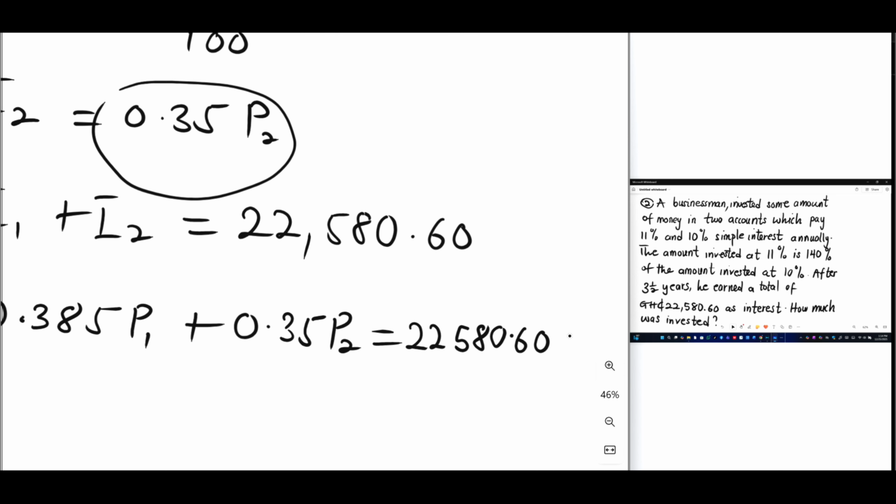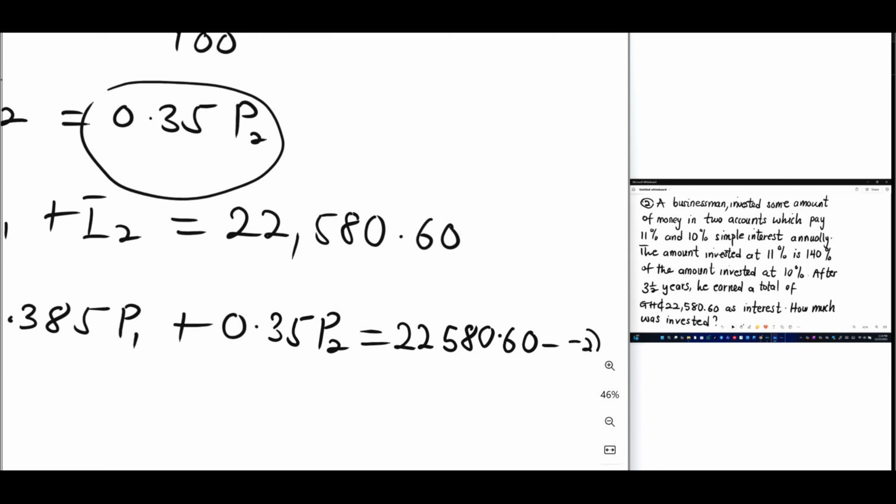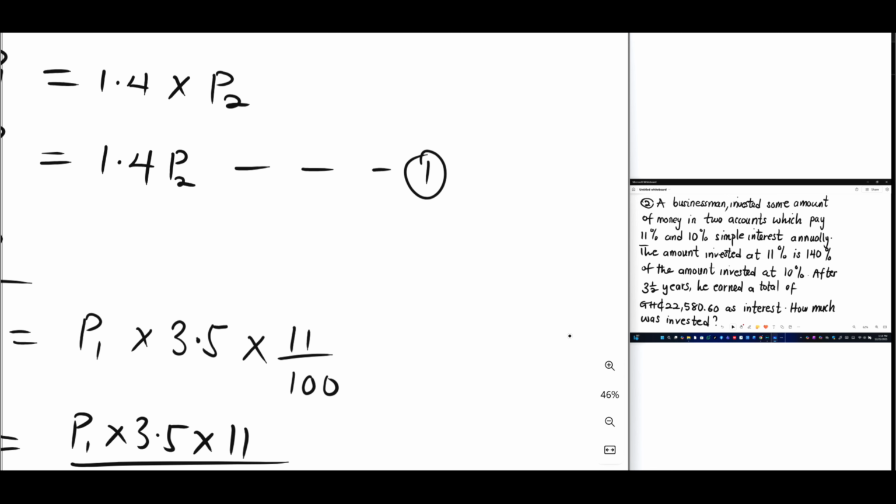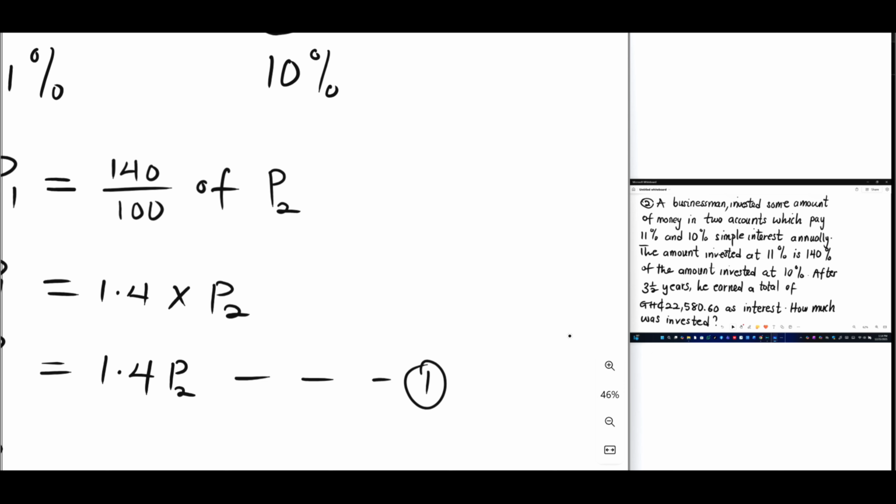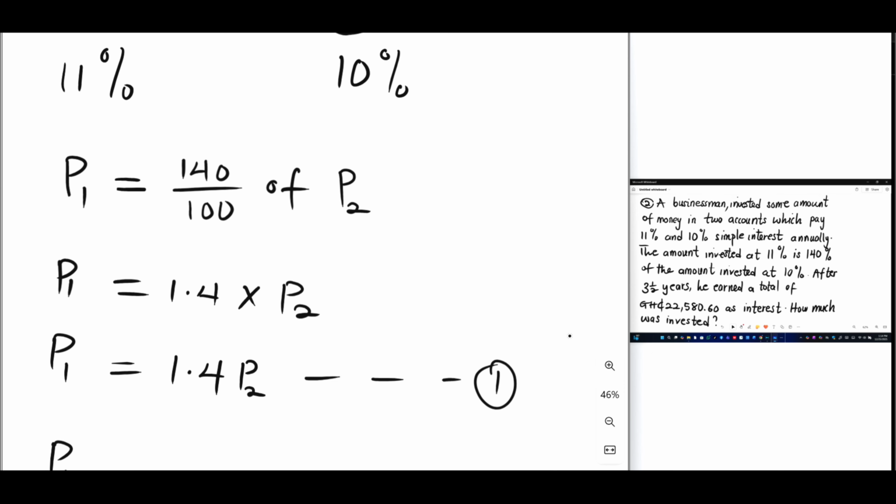So this is the second equation that we'll be using with the first equation to get what we are asked to find. That is the P1, and they said how much was invested. So it's going to be P1 plus P2.